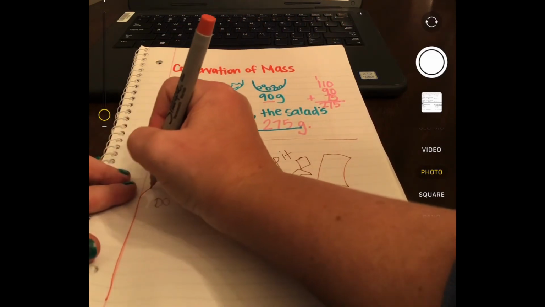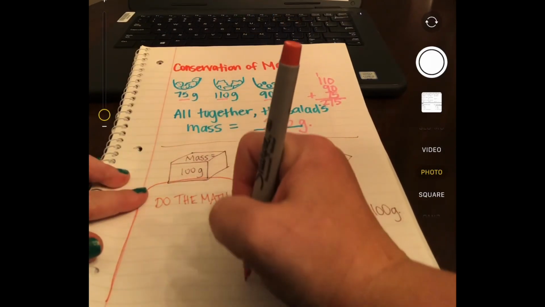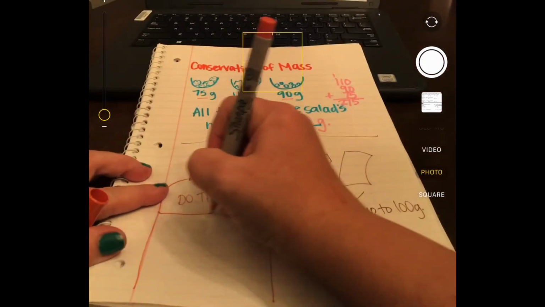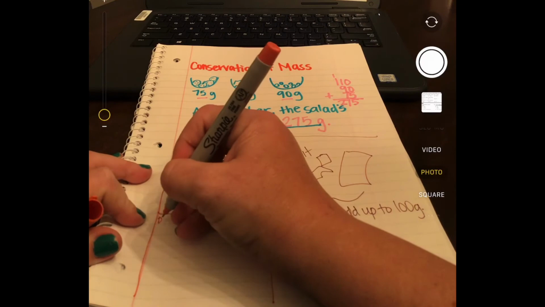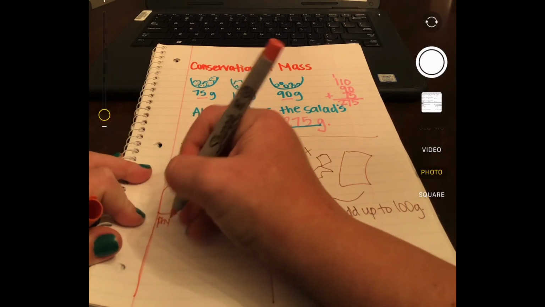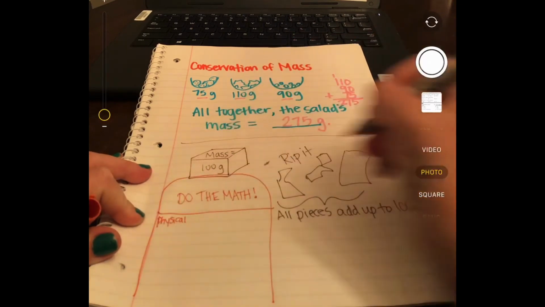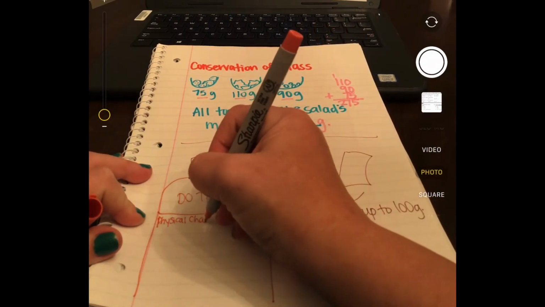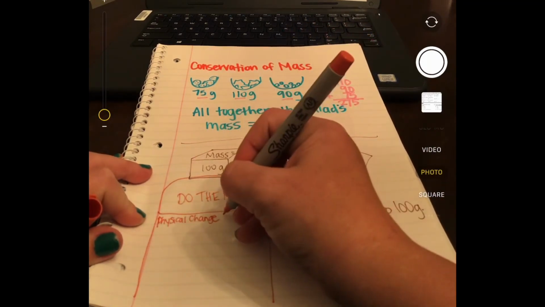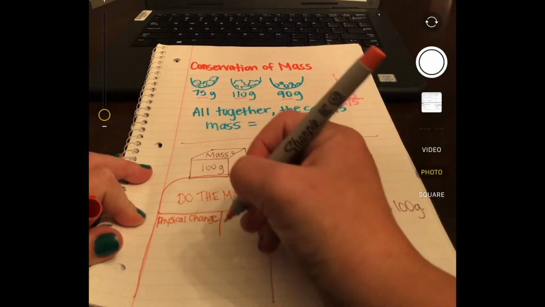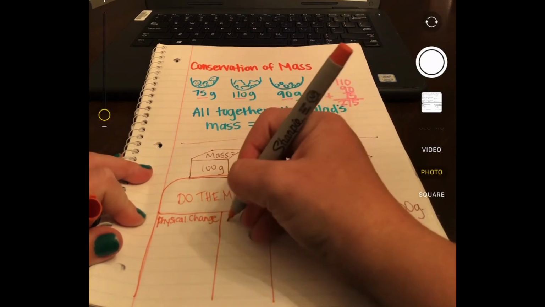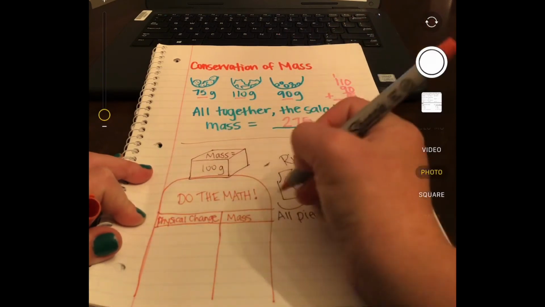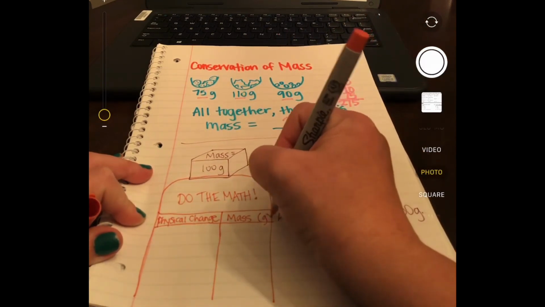And we'll make a nice chart like this. And we'll put physical change right here, and we'll put a line here. This one will be called mass, and that's measured in grams.